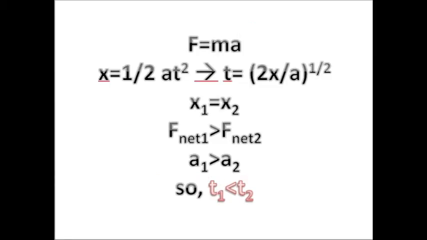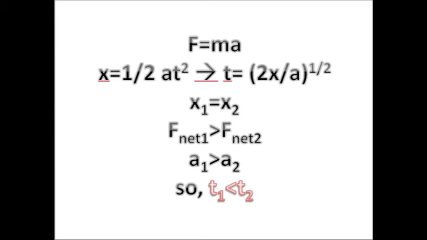With those in mind, we can now theoretically prove why M1, the paper ball, landed first. They fell from the same height above ground, so their distance of travel is the same. Let's call it x, and let's call the time of travel t. We know from Newton's second law that F net equals mass times acceleration, and also from some kinematic equations, x is equal to 1/2 a t squared, so t is the square root of 2x over a.